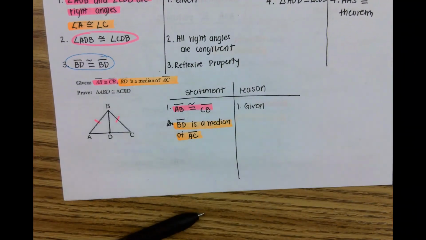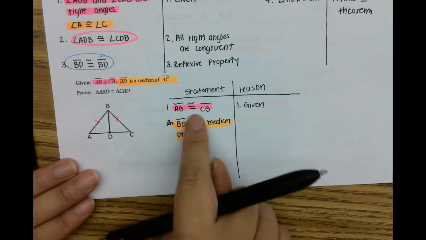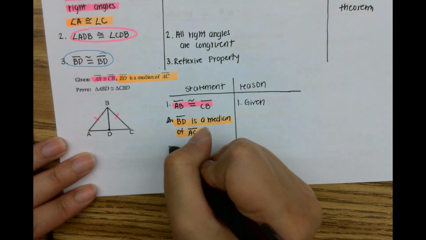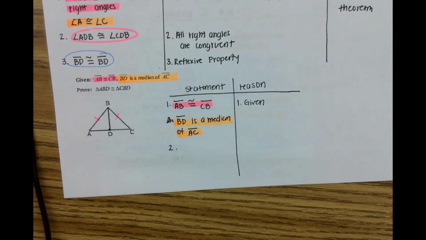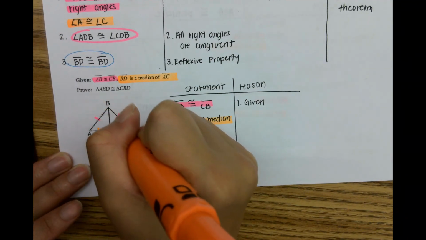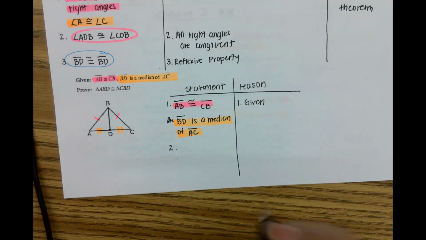There's nothing more I can really do with that first statement of AB being congruent to CB. However, if BD is a median of AC, what that means is that AD and CD have to be congruent.